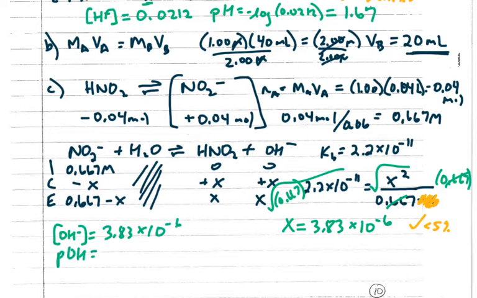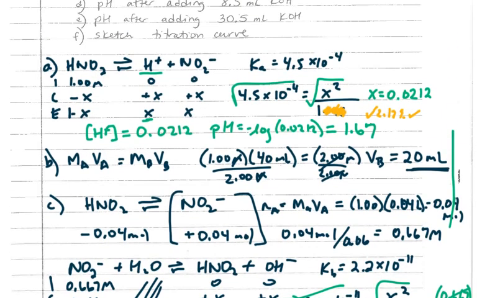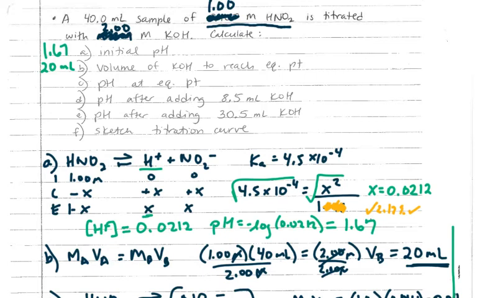The pOH would be the negative log of that, so the pOH would be 5.42, and the pH would simply be 14 minus 5.42, which is 8.58, a slightly basic pH, which is what we expect for this weak acid strong base. 8.58 is the pH at the equivalence point. We expect it to be greater than 7, and it is.